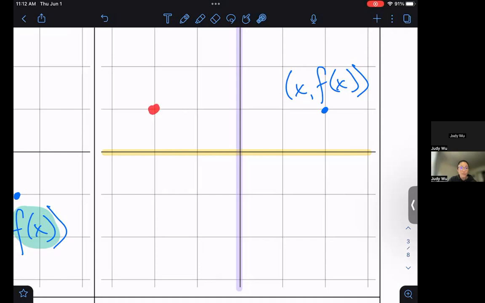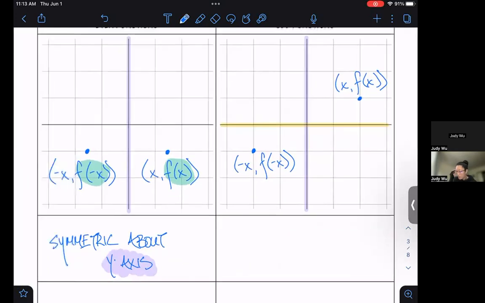And then after we reflect it across the x-axis, it would ultimately land down here, okay? And so this, we could say, is when we have negative x, and this is our f of negative x. Just like last time, we're using this general notation.